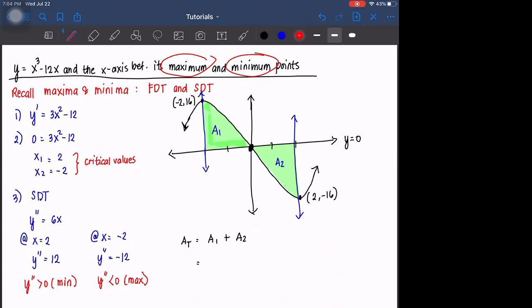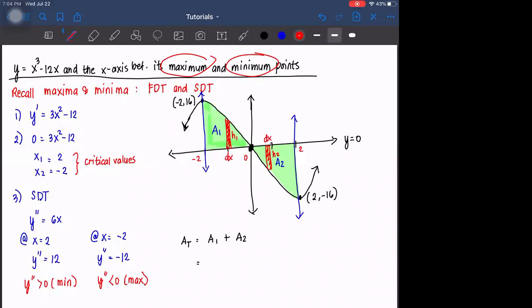Gikan sa negative 2, 0, nya kani, positive 2, nya vertical ato ang rectangle. So this is dx, kani lahi pod ni siya nga dx, and say this is h1 and this is h2. Okay? So what is area 1?